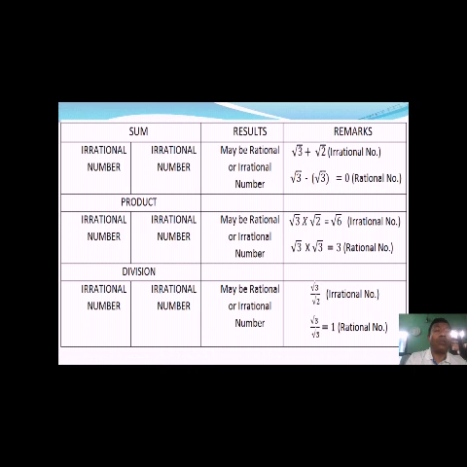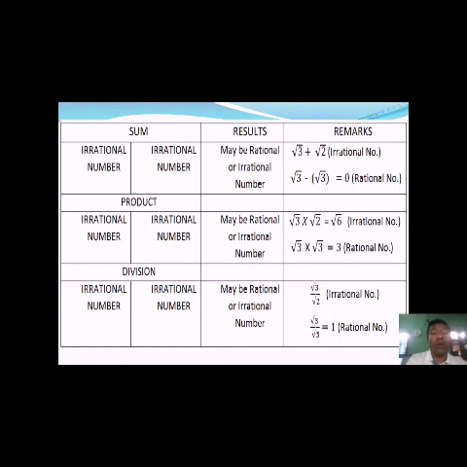Whereas when you do root 3 minus root 3, you get 0, where 0 is a rational number. Next, when an irrational number is multiplied with an irrational number, the result may be a rational number or an irrational number. For example, when root 3 is multiplied with root 2, you get root 6, which is an irrational number. Whereas, when root 3 is multiplied by root 3, you get 3, which is a rational number.